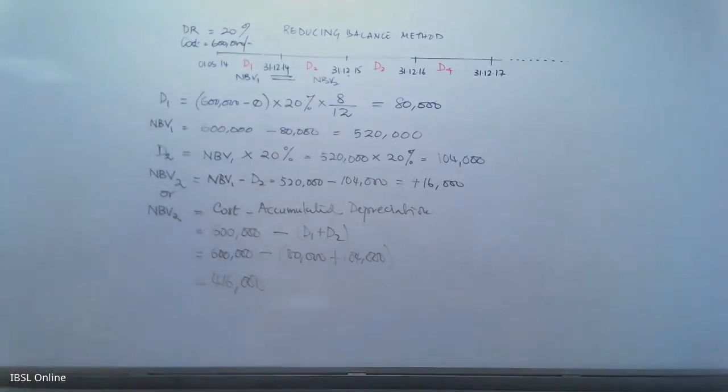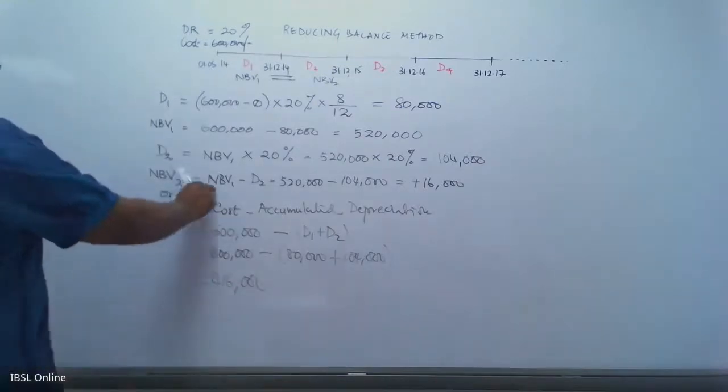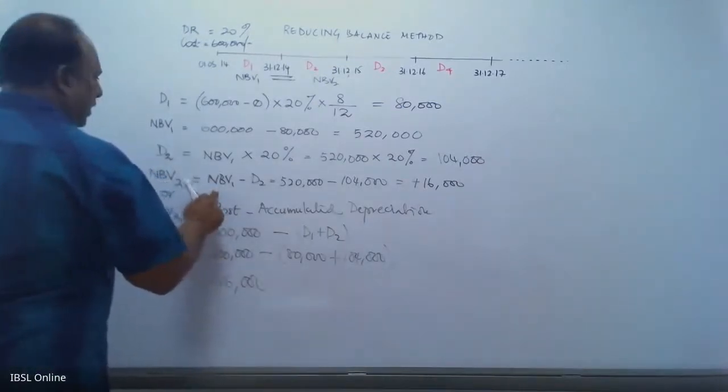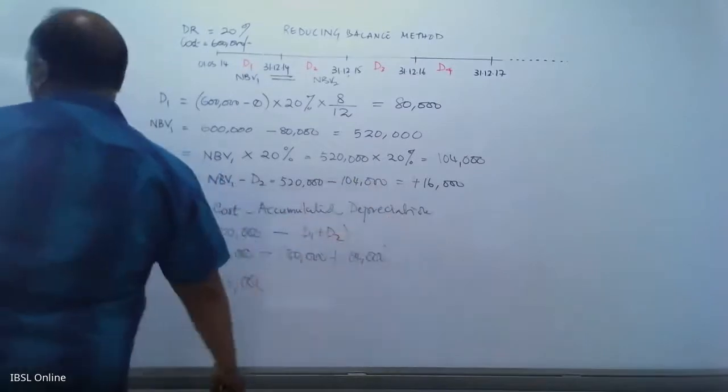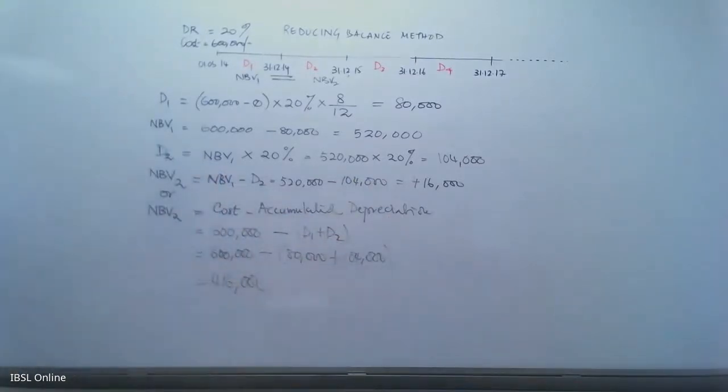So in order to calculate the NBV, there are alternative methods. One is you take the net book value of the previous financial year and take out the depreciation for the current year. The other is you take the concept of cost minus accumulated depreciation and calculate the net book value. Accordingly, can you calculate D3?